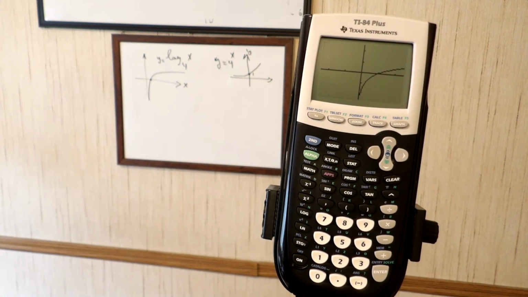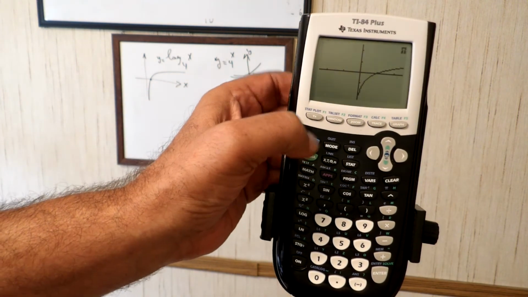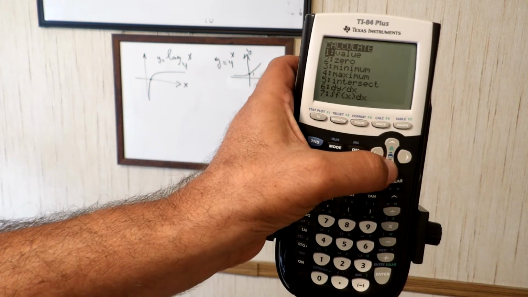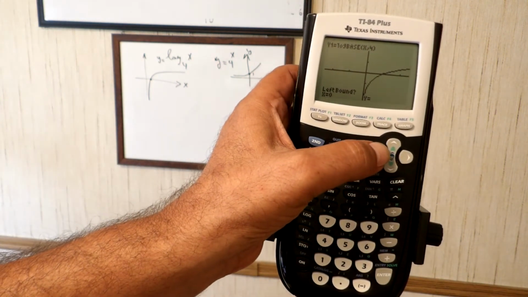And then if you want to find the 0 of that, you say second, calculate, zero, enter. It asks where's the left bound?